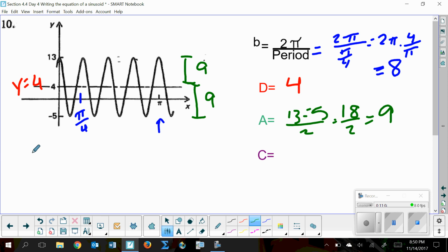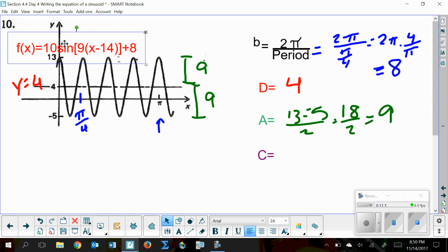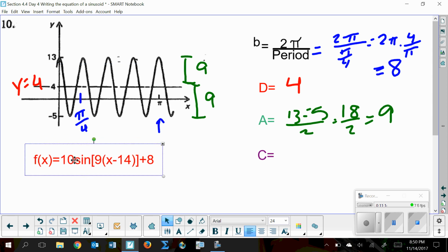So if I were to write an equation on this, I'm just going to cut and paste from the previous slide, and I'll change some things as we go. Our amplitude, we said here, is 9. I will come up with a sine curve in a second. Our b value is 8. I'm going to have to come up with that in a minute, and d is 4.